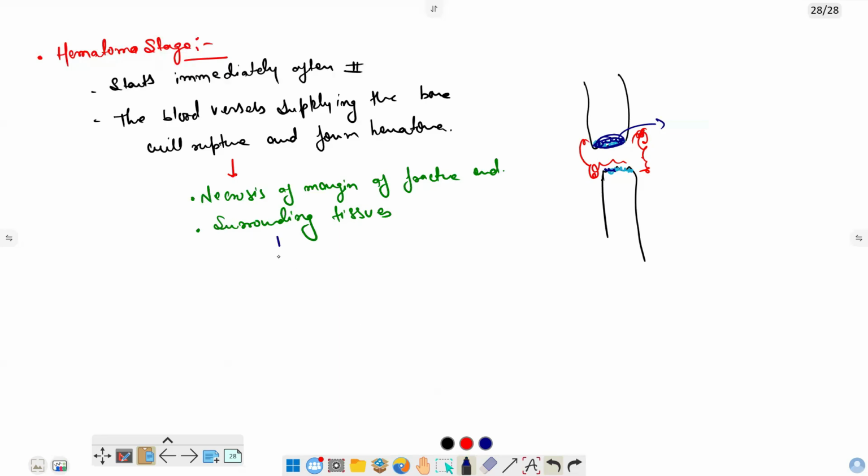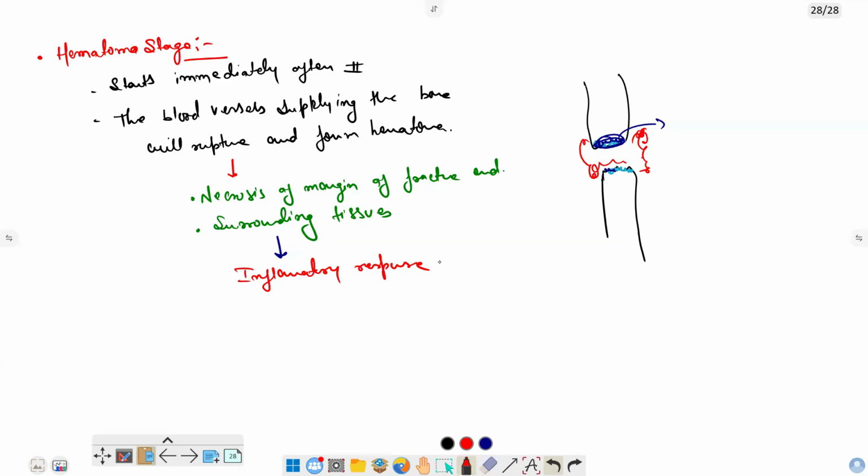Now, since there will be necrosis, there will be an inflammatory response. How? To initiate any inflammatory or immune-mediated reaction, there will be some level of inflammatory mediators.